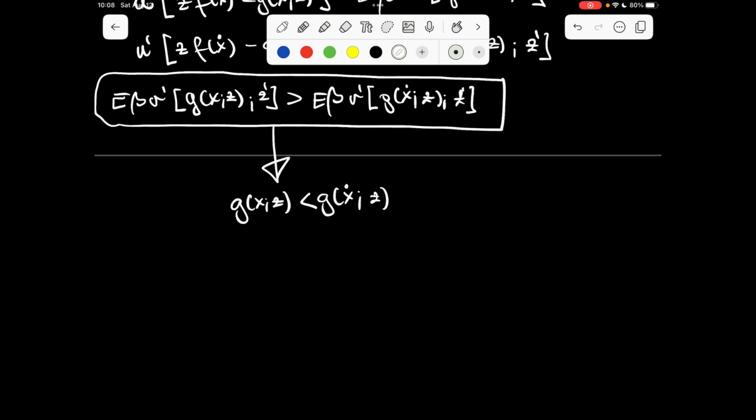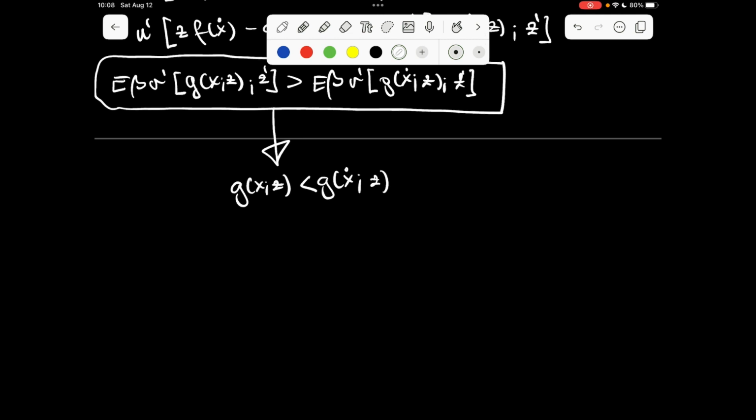We arrived at a contradiction, so we infer that g, policy function g, is increasing in x.